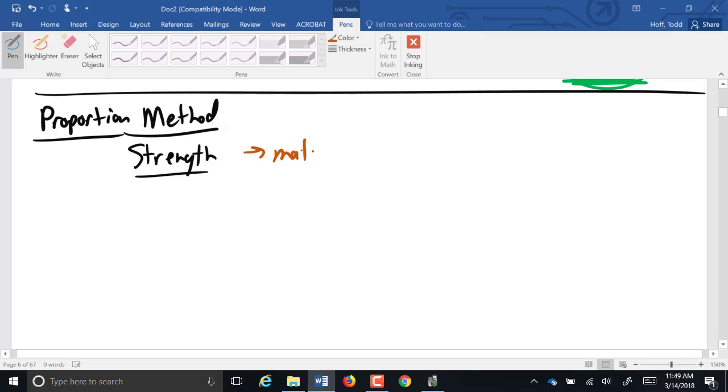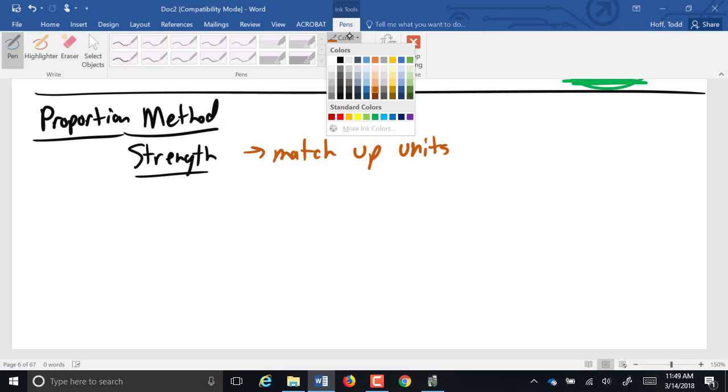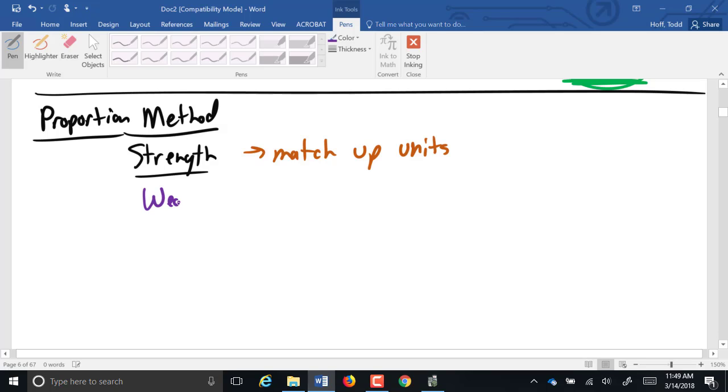You just match up units. It also has a weakness. The weakness is it may need to be applied several times. So it may need several steps in a problem per situation.